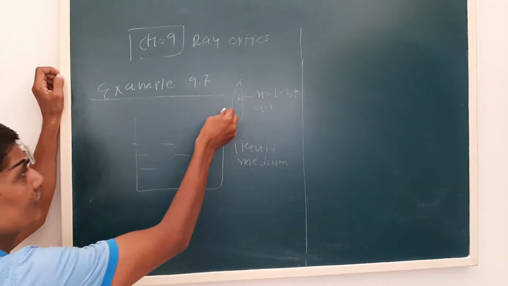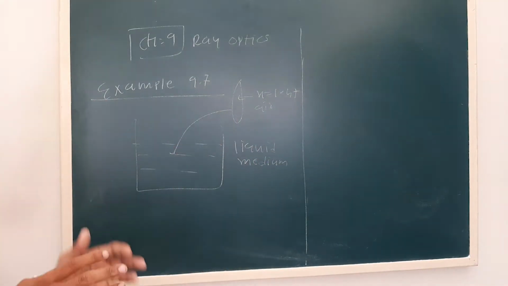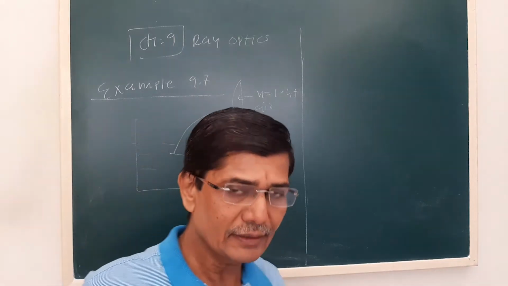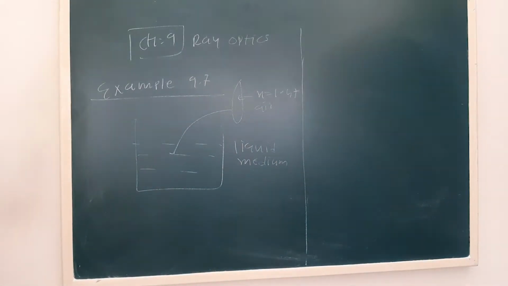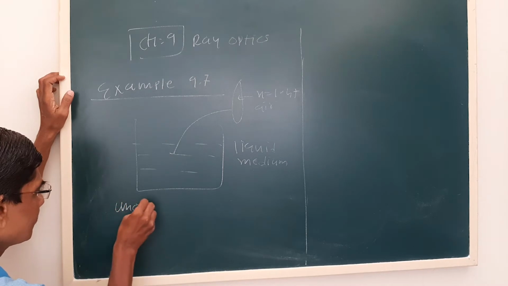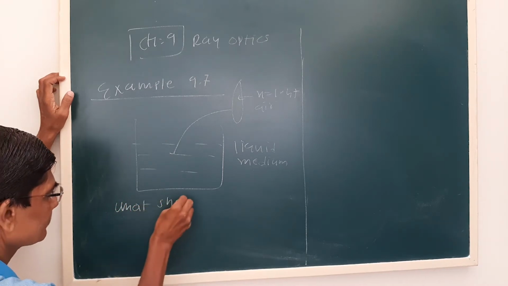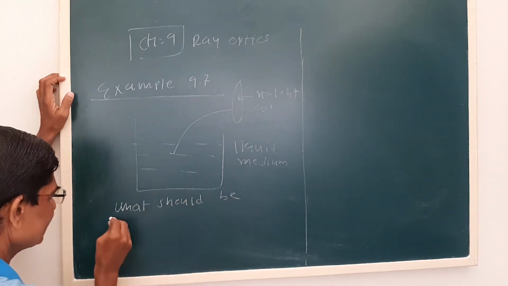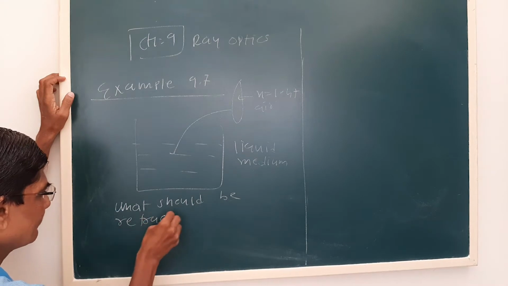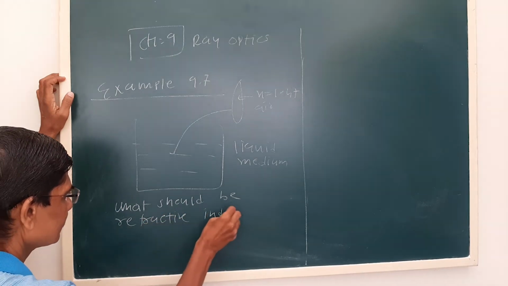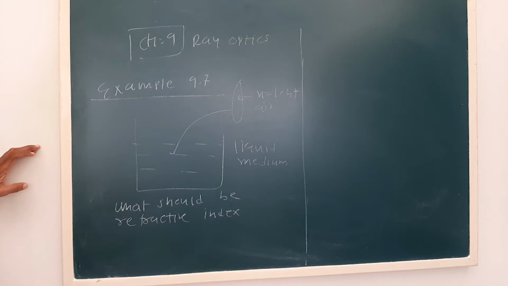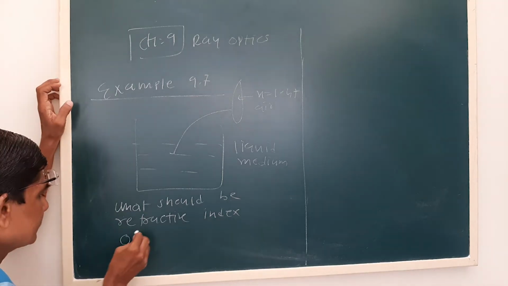Now when this lens is immersed in the liquid, the lens disappears. What should be the refractive index of the liquid?